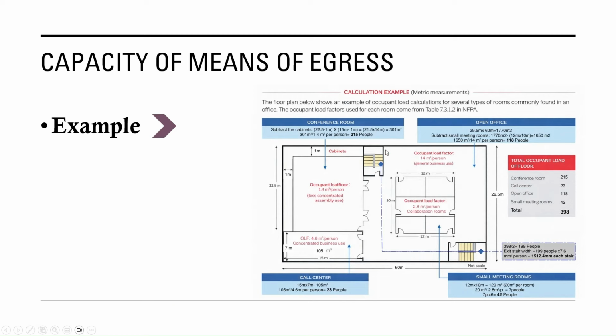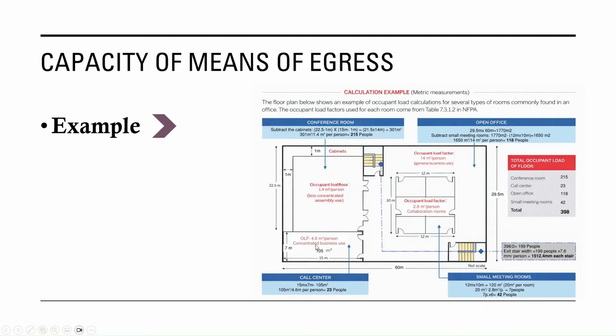Now, let's take an example. For a floor area including different spaces like conference room, call center, office space, small meeting rooms, each of them should be calculated based on the different occupant load factor. For example, the conference room should be based on 1.4 square meter per person after excluding the cabinets.